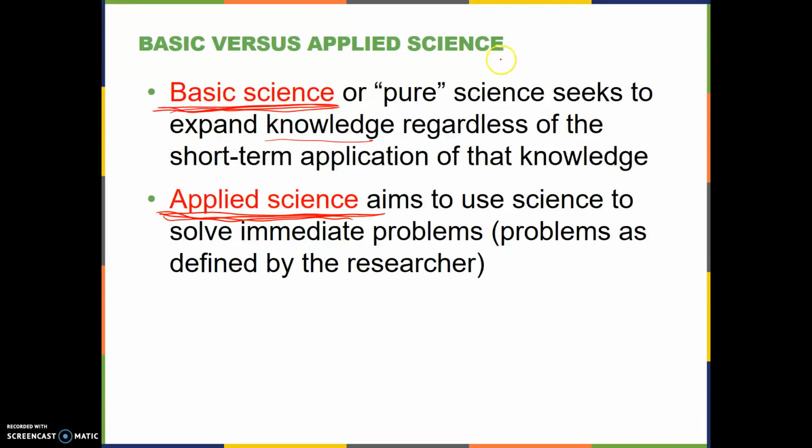So the study of how the DNA code actually works, how genes actually code for our traits or individual proteins, that's basic science. But then we use that science sometimes. Applied science is when we create transgenic organisms.